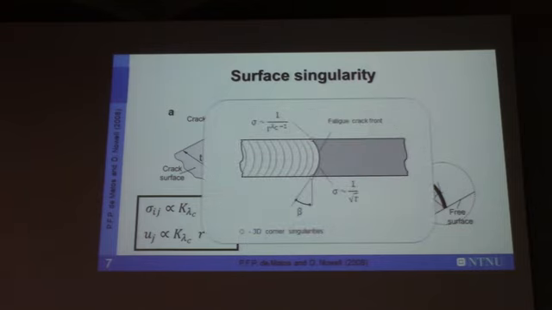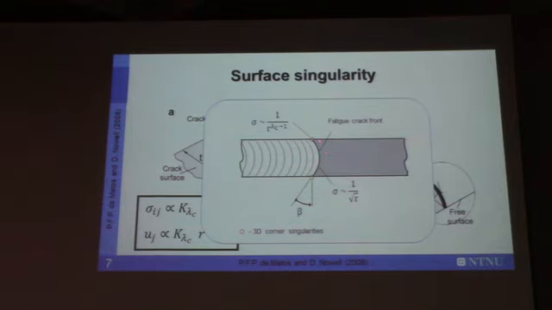Therefore, here you can see a better explanation of the previous picture of the fatigue crack front. After years, we know that in case of crack fronts, the crack front is shaped such that the corner point singularity is equal to the stress singularity along the crack front.